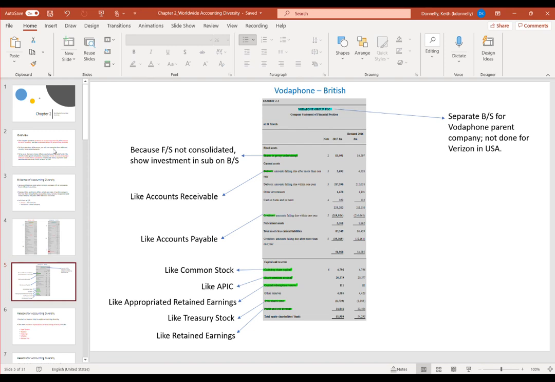Things like debtors and creditors are like accounts receivable and accounts payable. Other items there, in the stockholders' equity accounts, we have the functional equivalent of common stock, APIC, retained earnings, treasury stock, appropriated retained earnings. You can see here that both are a balance sheet, but how it's presented and the terms they use are different.